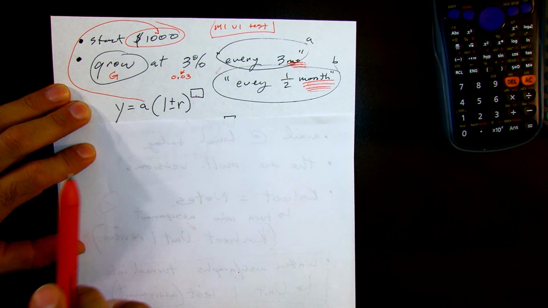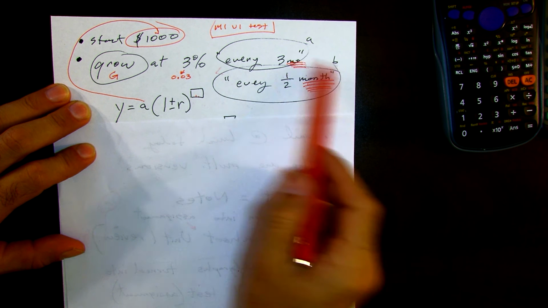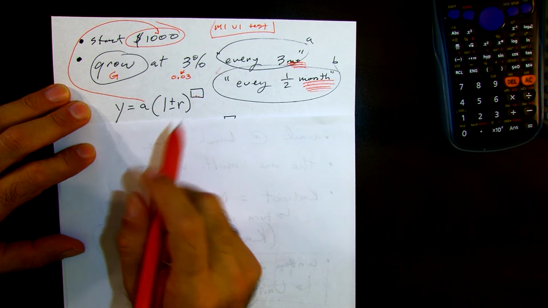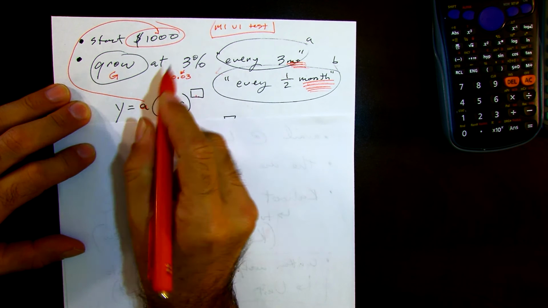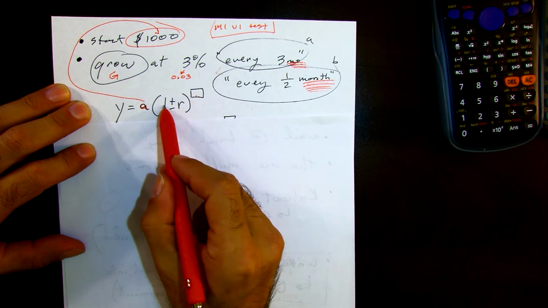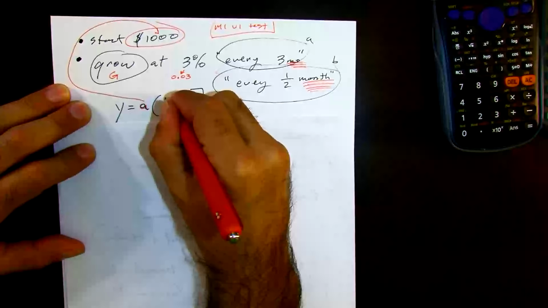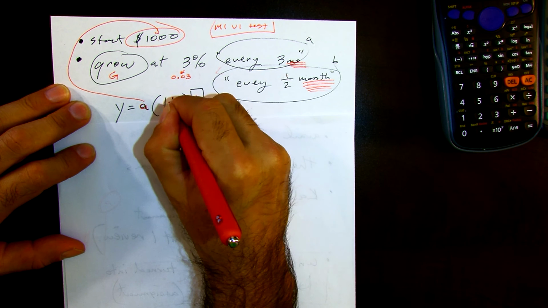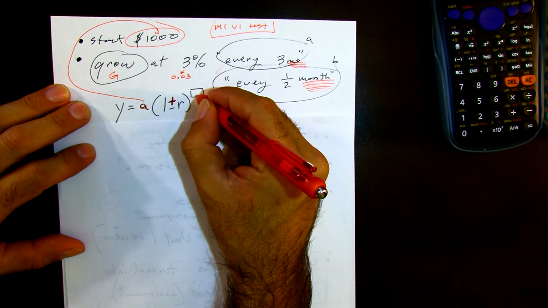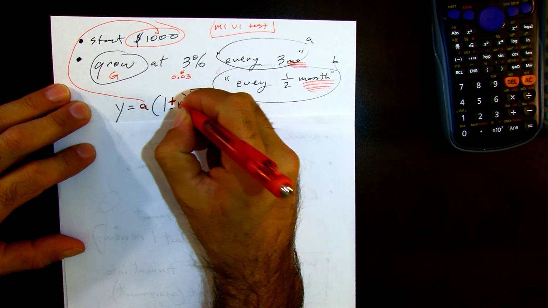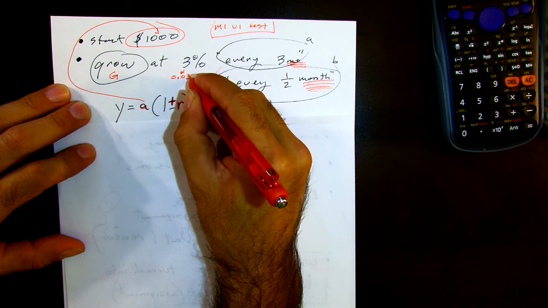Now, before we get to the difference between A and B, the rest of it's going to look pretty much the same. So remember that our initial amount is our A value, 1,000. 1 plus, because we're growing, it's going to be a plus. I think everyone has these first parts down. It's just that exponent, right? So the rate we're going to put in as a decimal, that 0.03.